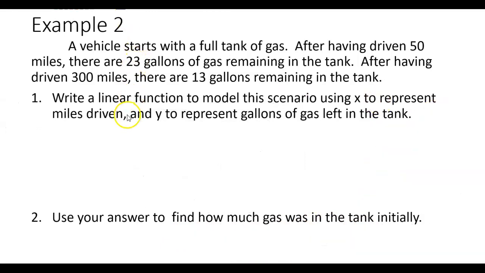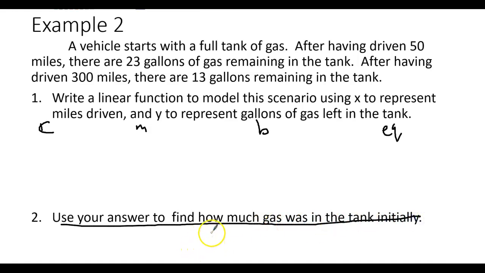All right, so let's review these steps really quick. Make a chart, find your M. I'll put C for chart. Find your M, find your B, write your equation. Remember too, I'm going to give you a value you're just going to plug in and solve.